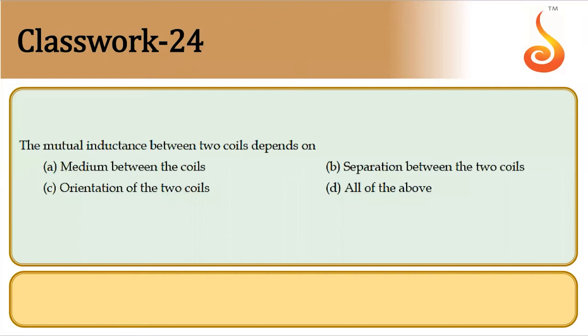The mutual inductance between two coils depends on: the medium between the coils, the separation between the coils, the orientation of the two coils, or all of the above. Here, mutual inductance depends on the medium between the coils, also the separation between the two coils, and the orientation of the two coils.